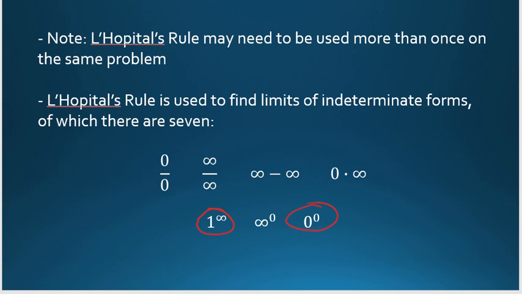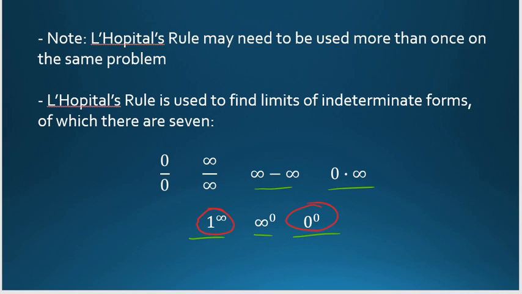So you may think, oh, it should just be 1 in the former case and 0 in the latter case. But that's actually not quite true. L'Hopital's rule, just the statement of it, cannot be used when we're looking at limits in these underlined forms here.